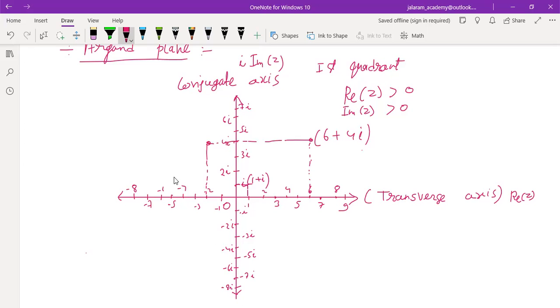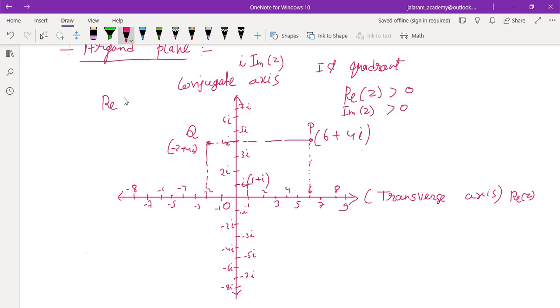In coordinate geometry, we call it the coordinate of the point, and in complex numbers, we call it the affix of the point. So the affix of point P is 6 plus 4i. What will be the affix of point Q? x is -2 and y is 4i, so it is -2 plus 4i.